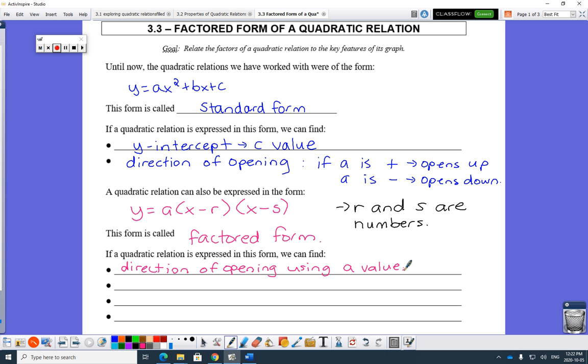But when you have the factored form, one of the most useful things you can get from this form is the roots or the x-intercepts, because then we can use that to find the vertex.